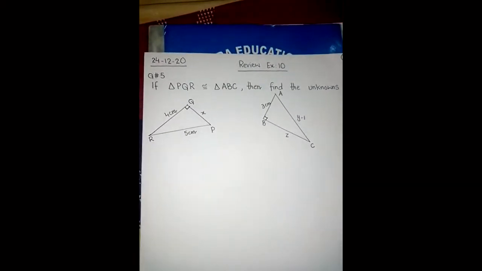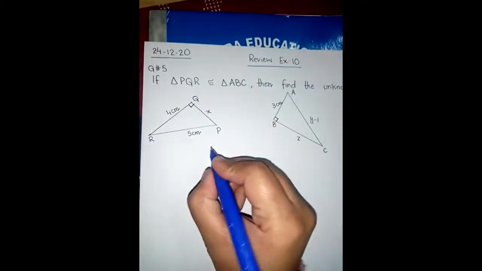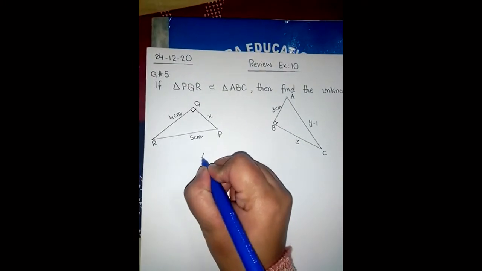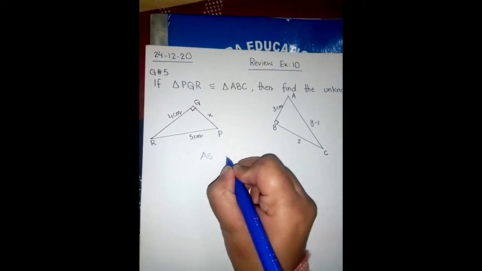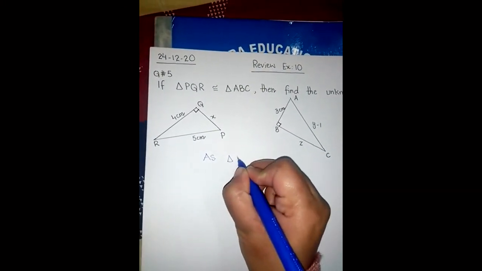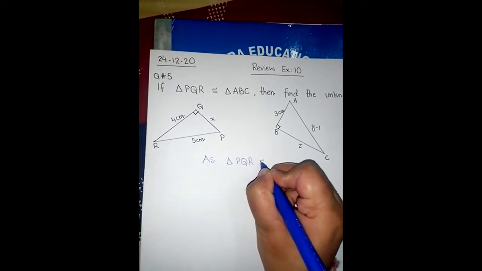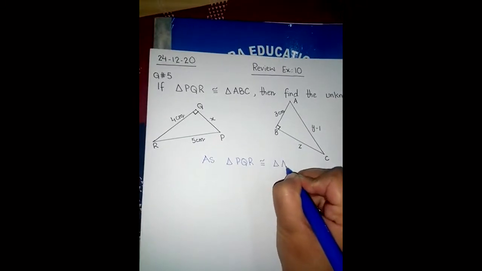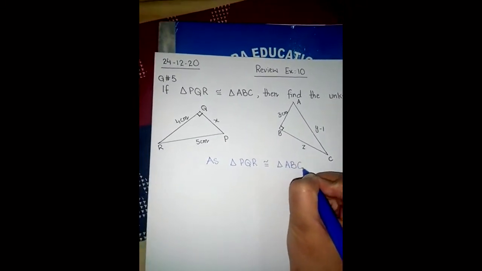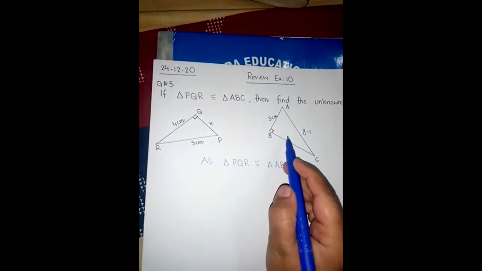Now we will start the solution. Here you can see I have already drawn the question. So first of all, we will start: triangle PQR is congruent to triangle ABC. This triangle is congruent to this one.